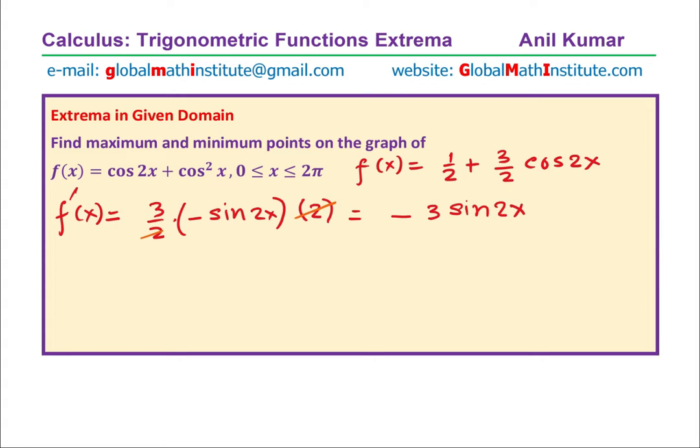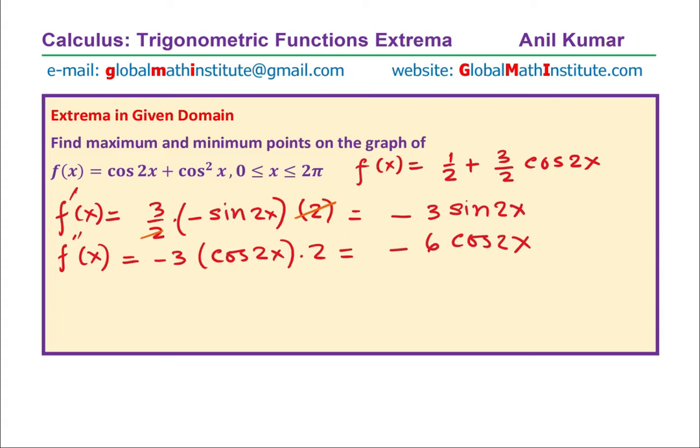So we have the first derivative, which is minus 3 sin 2x. Let's also find the second derivative. Second derivative will be minus 3, and sin 2x derivative will be cos 2x, and 2x derivative is 2, and therefore we can write this as minus 6 cos 2x. So we got both the derivatives.